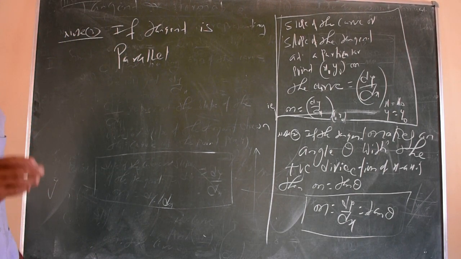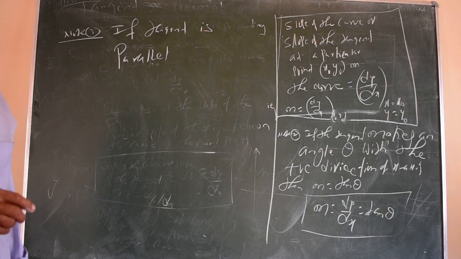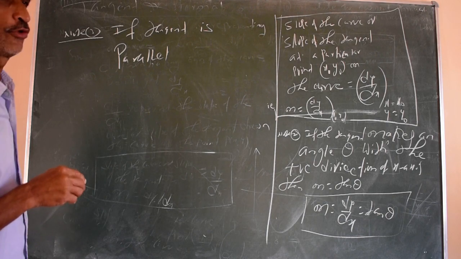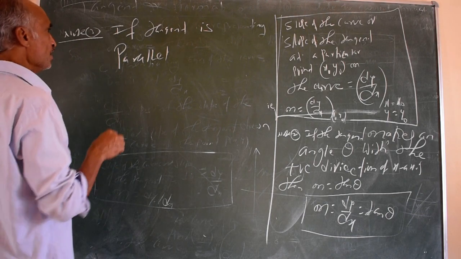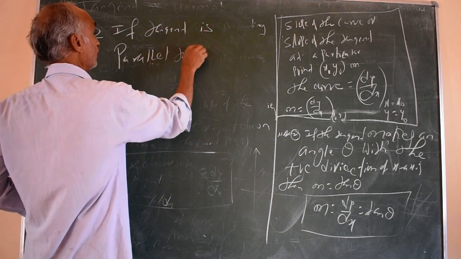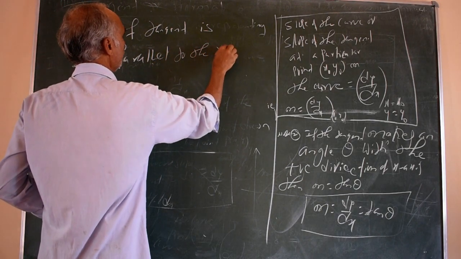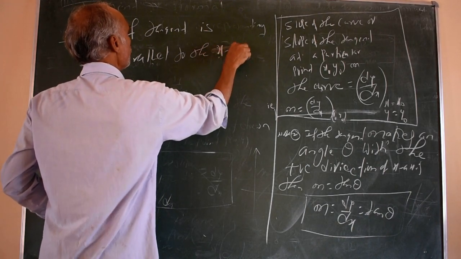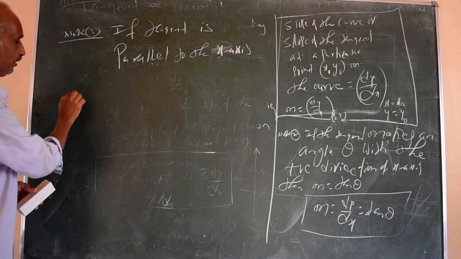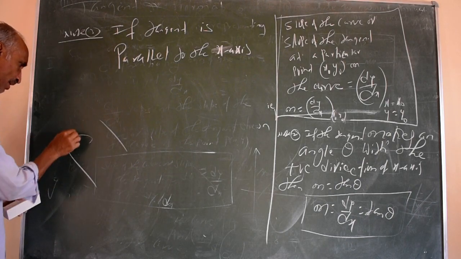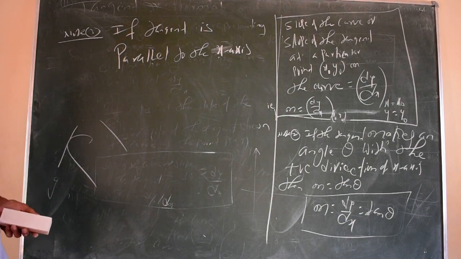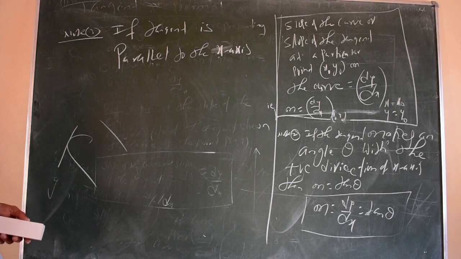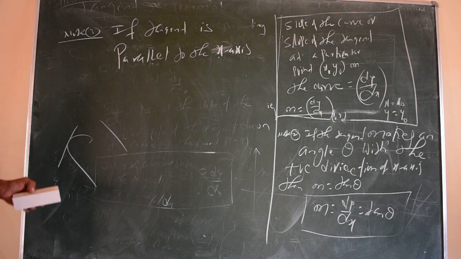A tangent is always drawn to a particular curve. The tangent is parallel to the x-axis. A tangent will be drawn to a curve only. Simply a line drawn cannot be a tangent. The curve is there at a particular point, so the line is drawn such that it just touches the one point on the curve.